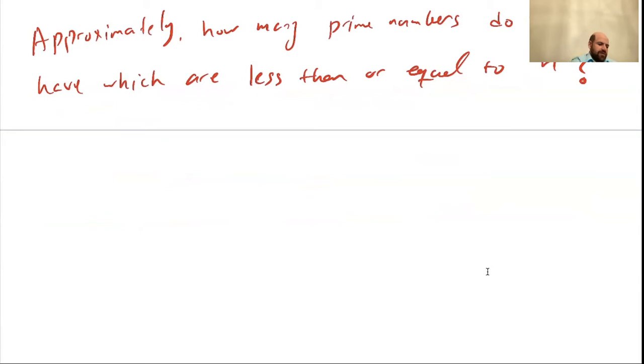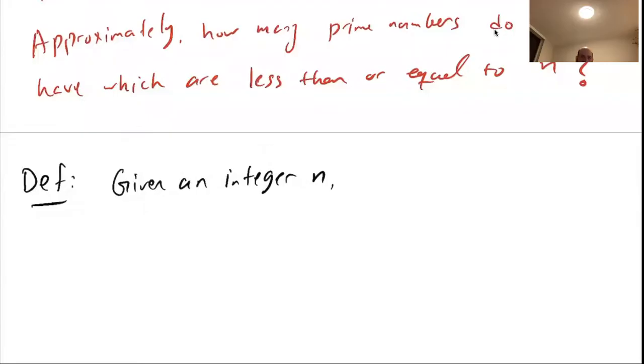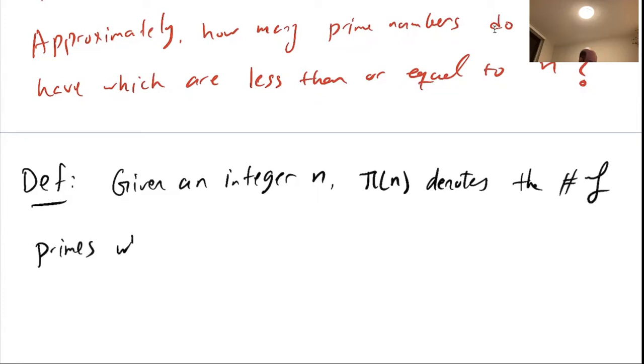Okay, so let's give a definition here. Given an integer n, pi of n denotes the number of primes which are less than or equal to n.